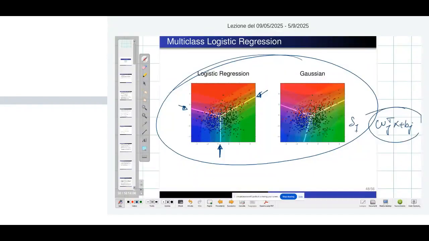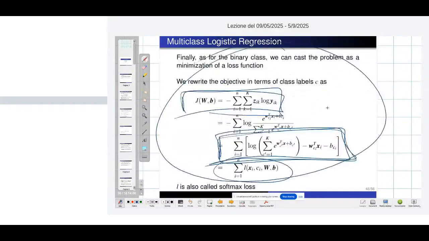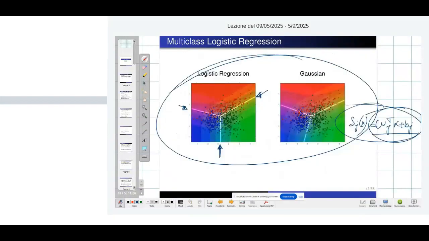The score for class j, for example, is an affine function of x. We can show that, from how the model is defined, the classification boundaries, so the points at which we change our classification rule, are also linear functions that correspond to pairwise differences of the vectors w's that make up the classes.